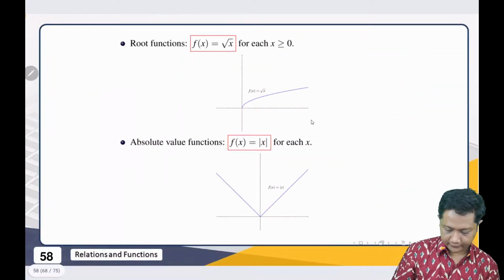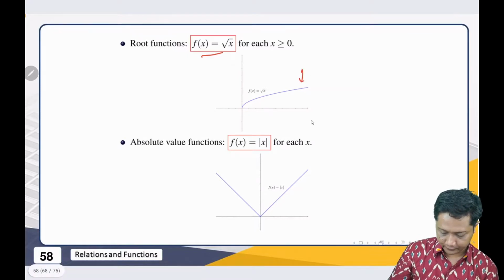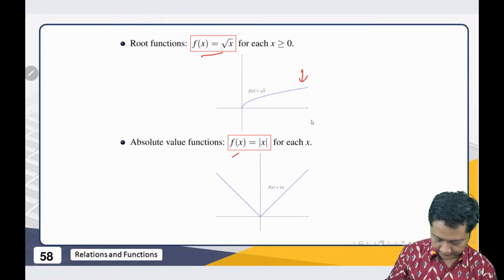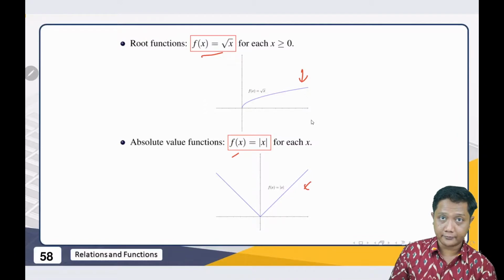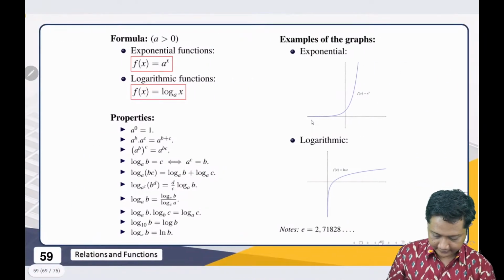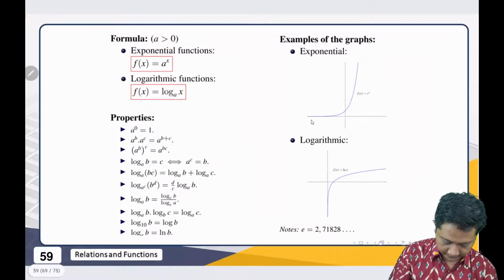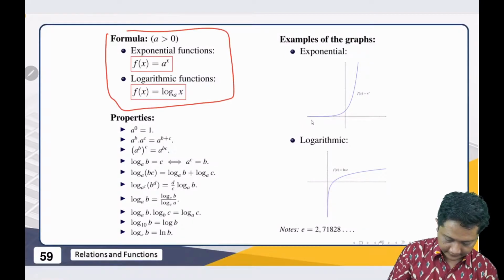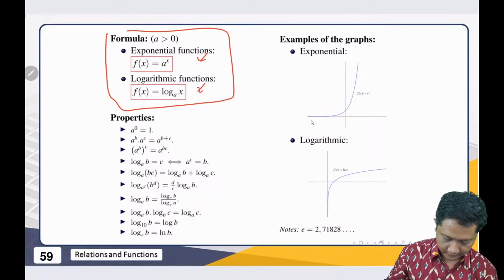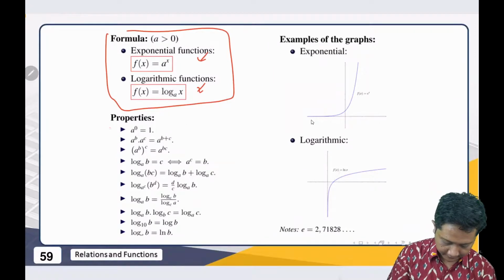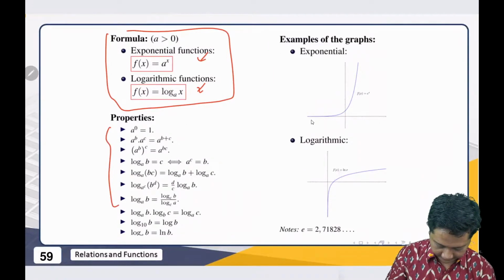And next, we have root functions, and it should be clear. And absolute value, I think we are already familiar with that. And this one is more familiar also. And exponential and logarithmic. Please remember some properties of them, and you can read them one by one.